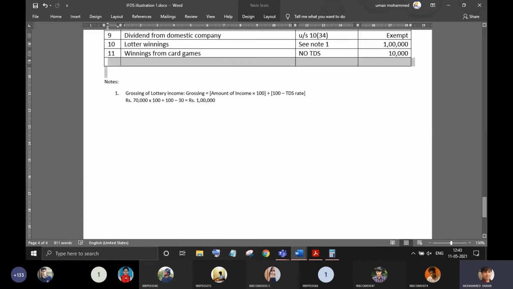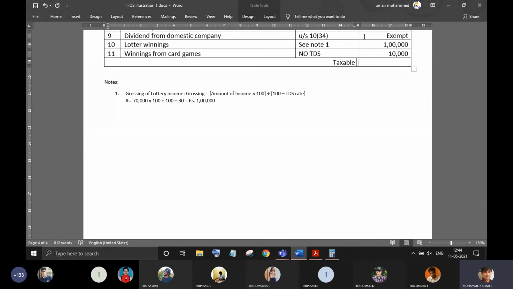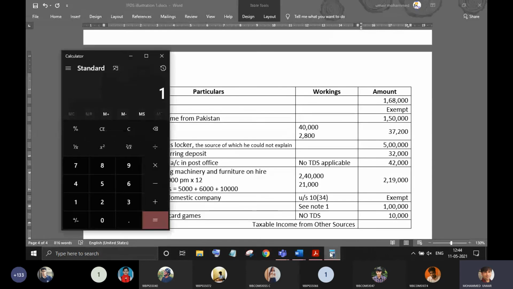Let's do the totaling. This will be other sources. So let's do the totaling. 68 lakh plus 1,50,000 plus 37.